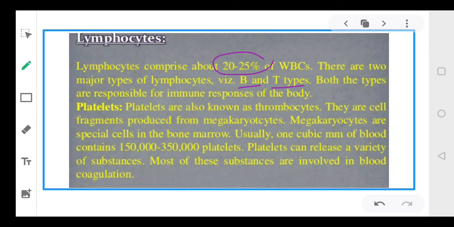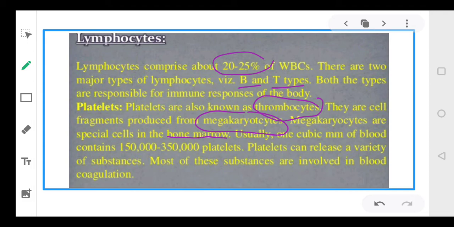Lastly, your platelets. Platelets are also called thrombocytes. What is another name of platelets, dear students? Thrombocytes. They are produced from megakaryocytes, which are special cells present in the bone marrow.